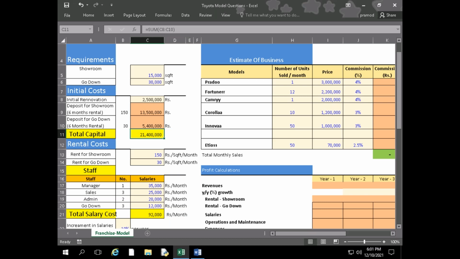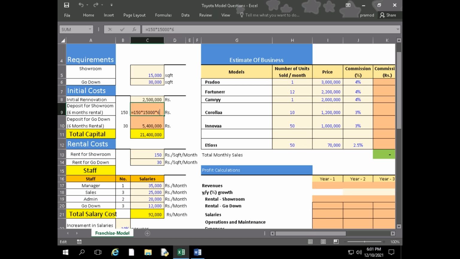Sir, only the formula, sir. Formula? What formula? The deposit for showroom, sir, 6 months rental. That one, sir. Yeah, yeah.